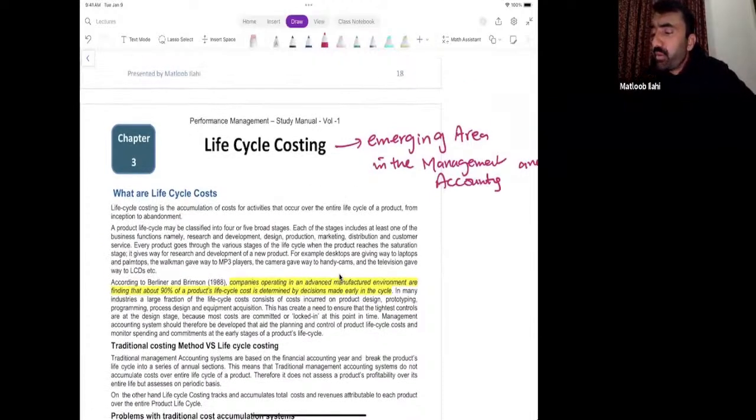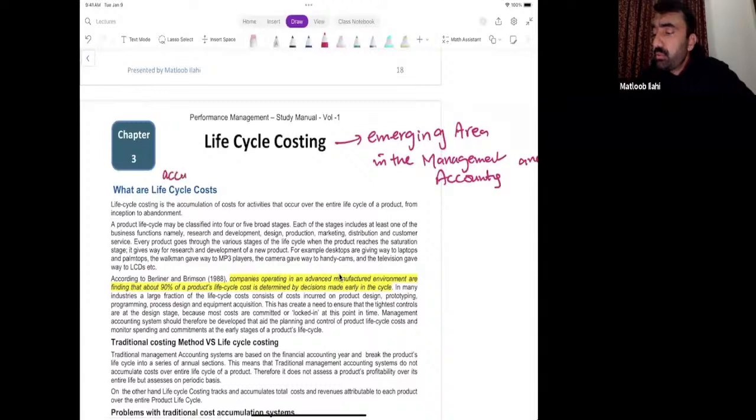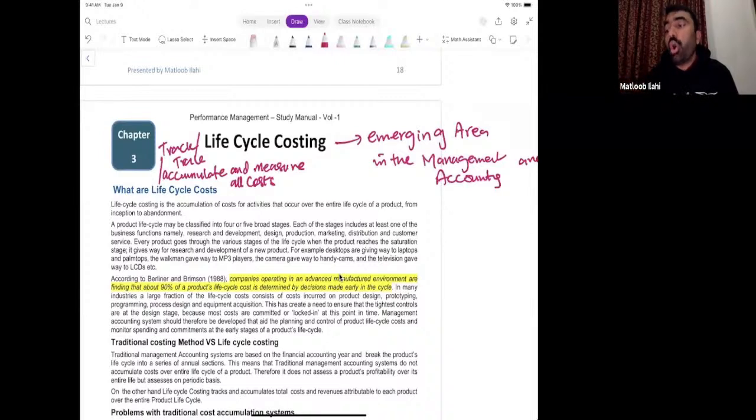So accumulate and measure all costs. Accumulate means track, trace, accumulate, and measure all costs incurred throughout the whole life cycle of a product.